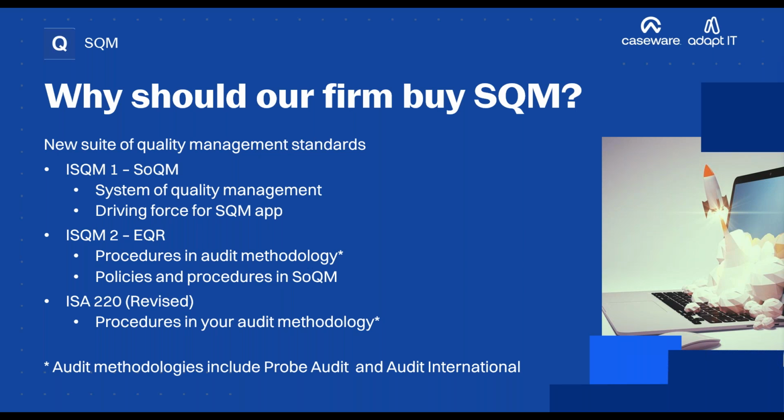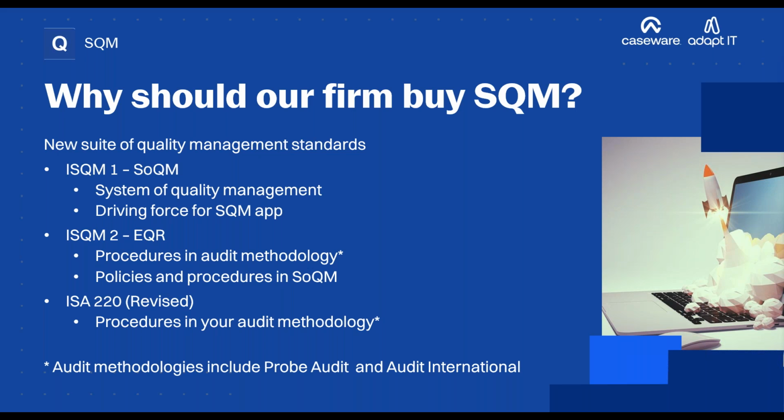Now in the app, we will also have policies and procedures for compliance with ISQM 2, but remember that the work on your audit methodology side will be included in your audit methodology. So if you use Probe Audit or Audit International, your policies and procedures will be implemented through the procedures that are then included in the respective audit methodologies.